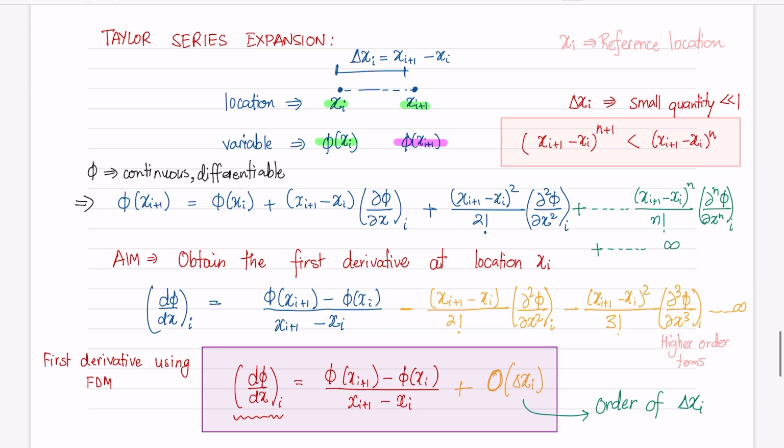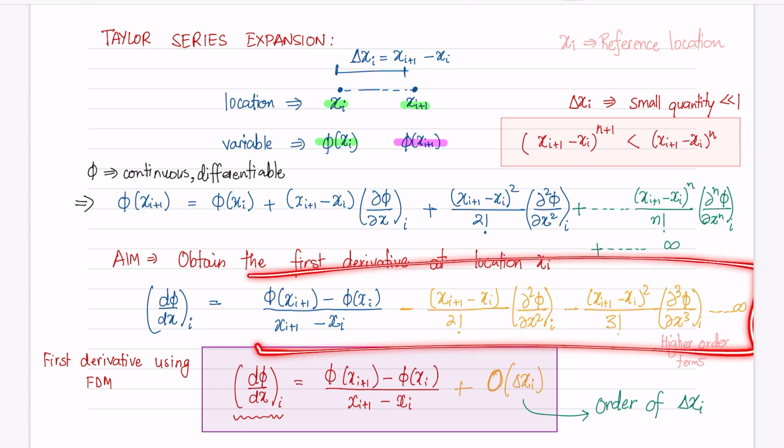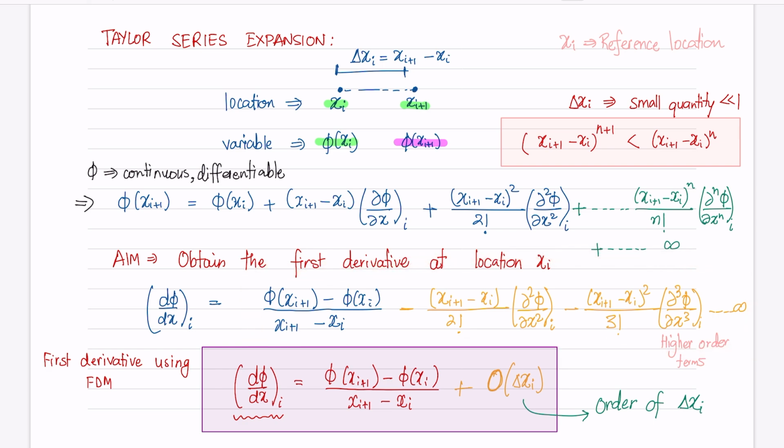So we understood that, and we wrote the Taylor series expansion. We understood what our aim was, that is, we want to get this particular term. So we simply rearranged this entire equation, and we said that if you want to calculate the first derivative of phi at the point i, you can do so if you can calculate all these different terms on the right hand side, which are a part of an infinite series.